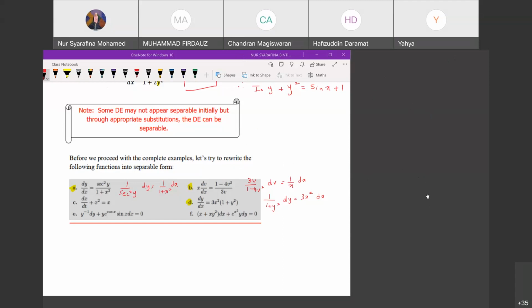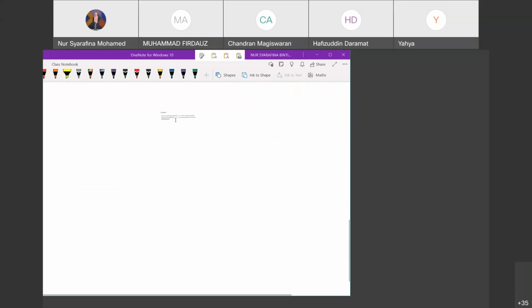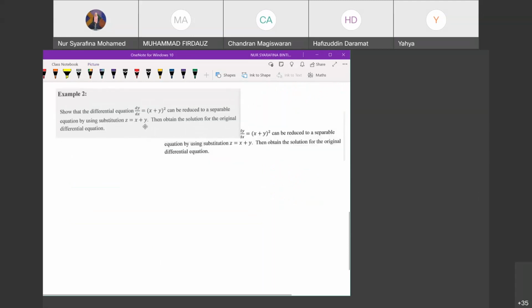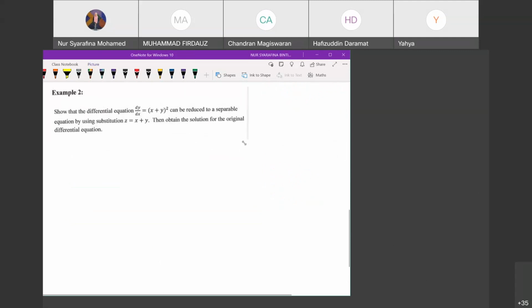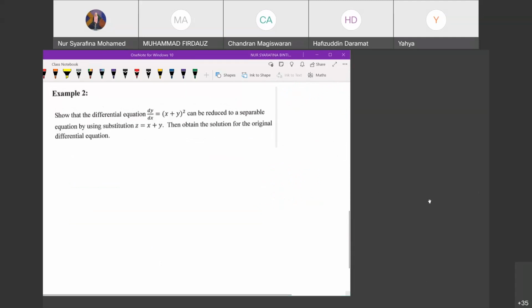Let's take a look at the next example, which is example 2. Show that the differential equation dy/dx equals (x plus y) squared can be reduced to a separable equation by using the substitution z equals x plus y.